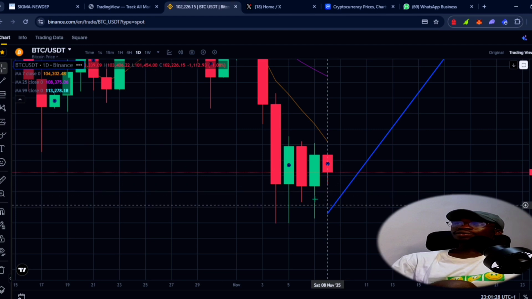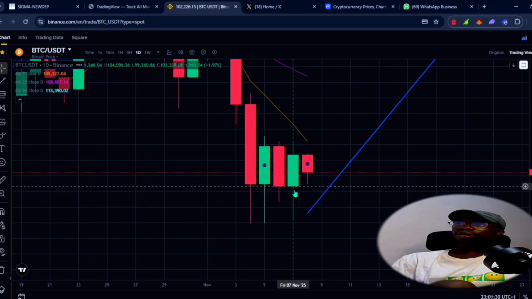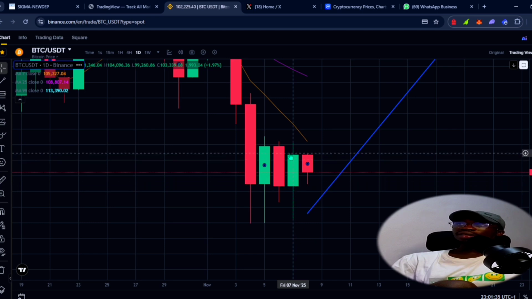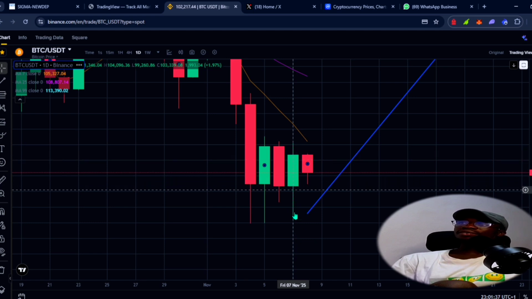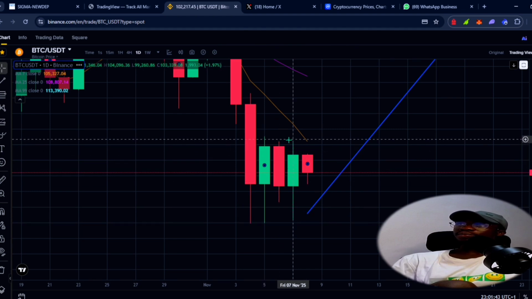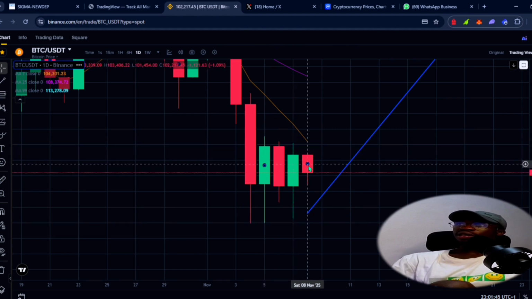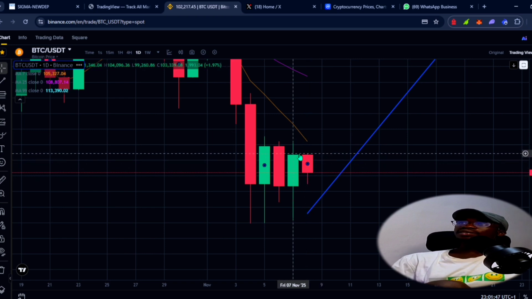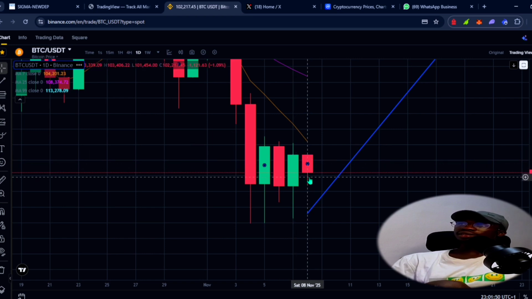There's one more thing I want you to know about the candle. Like I mentioned, we always have the opening price and the closing price. However, we also always have the low and the high. The lowest the market has been is this price, and the highest it has been on this particular day is this price. Currently on this day, the market opened at this point and it is currently at this point. That's why the market is red.